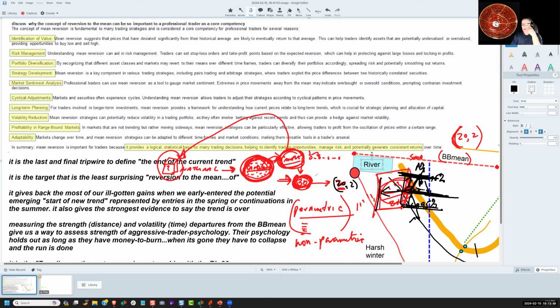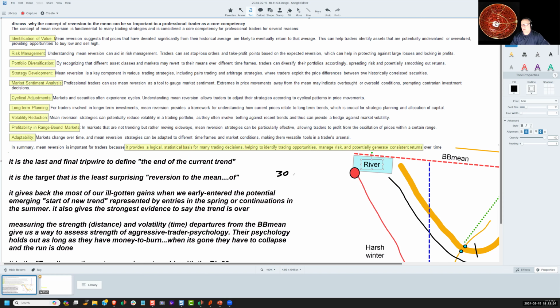Now, I appreciate what he's saying on that, but what I prefer to do is use 30 and 1 as my definition of normal. Whereas he's not actually trying to find normal, he's trying to find an extreme that is now going to signal a turning point.